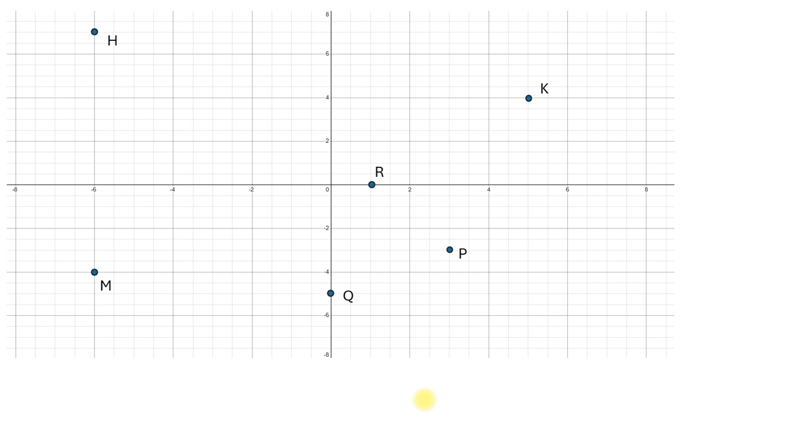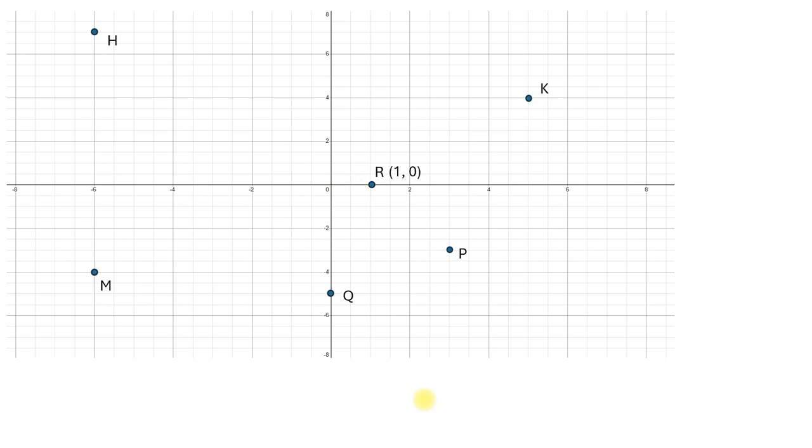In these examples, I've plotted a number of points. Now I want to label the coordinates for the point R. So for this one, I'm going to move along 1 unit, and then I'll stop. This point R is not up or down, so there is no movement along the y-axis.